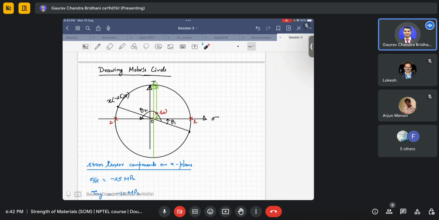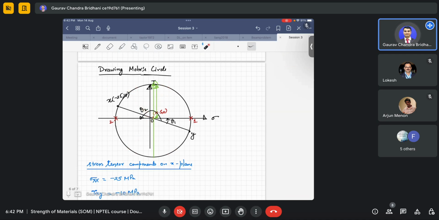This one was the y plane, and this is a principal plane. Further, if I draw another diameter, you will find another plane, and the values will be different. Again I draw another diameter, you will find some other plane.